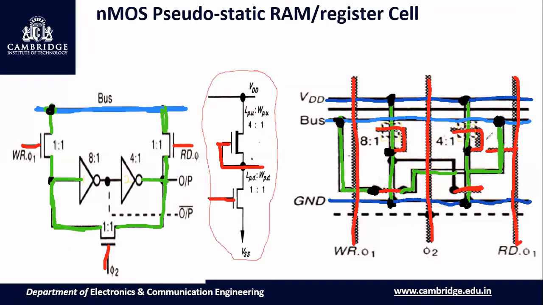Done. What is left out? The output of the first inverter should be connected to the input of the second inverter. Here I cannot use diffusion; if I use diffusion, it will be shorted.